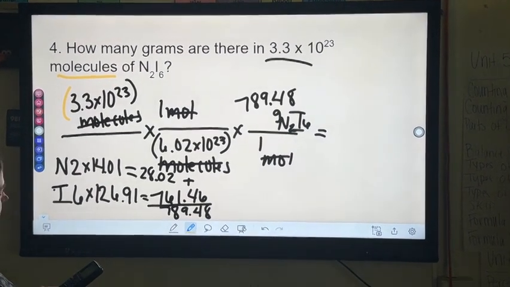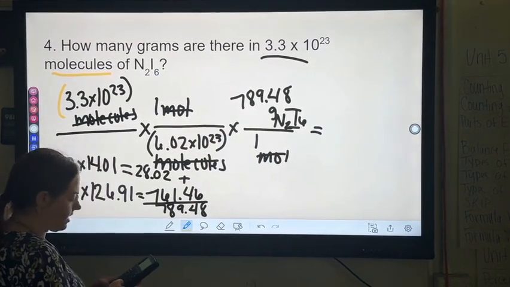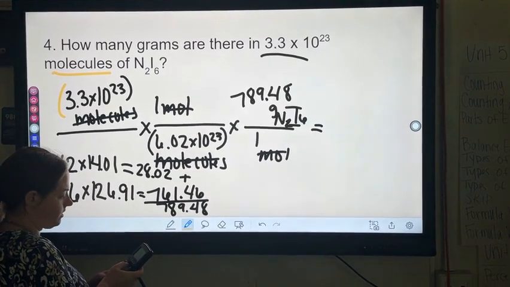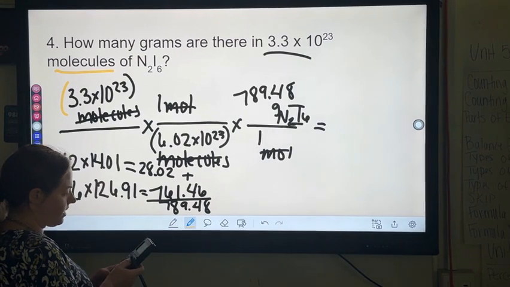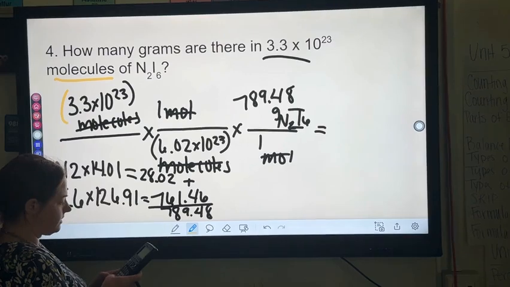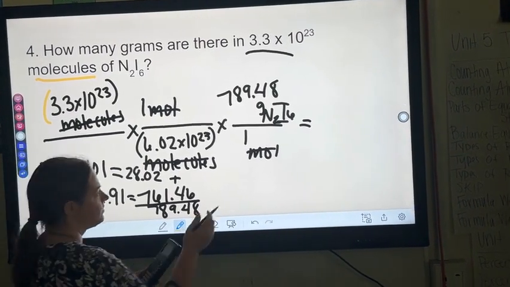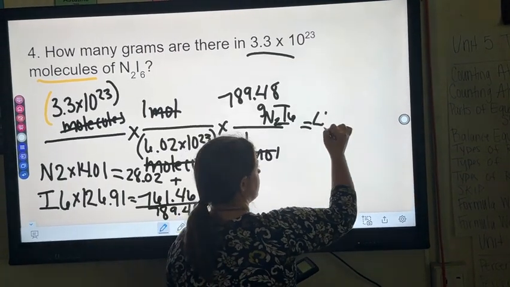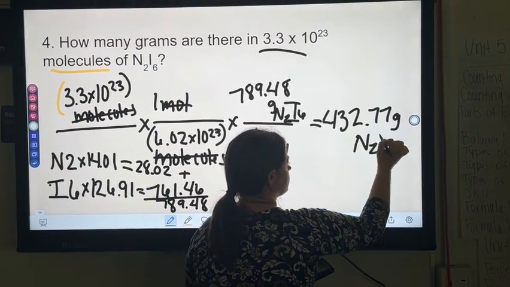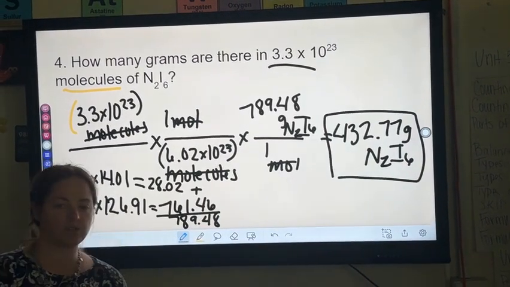So 3.3 times 10 to the 23rd times 789.48. Hit enter. Divide by, in parentheses, 6.02 times 10 to the 23rd, and you get 432.77 grams of N2I6. If you have any questions, make sure you check in with your teacher.